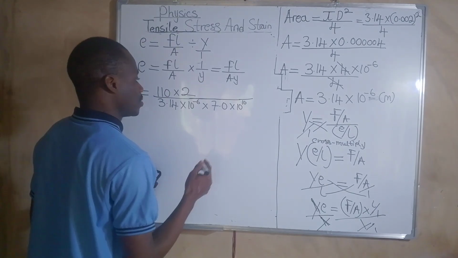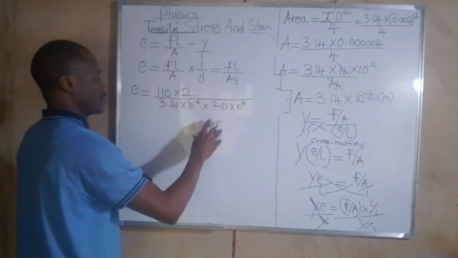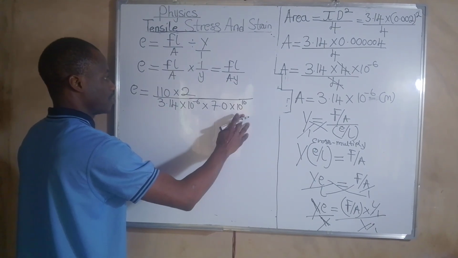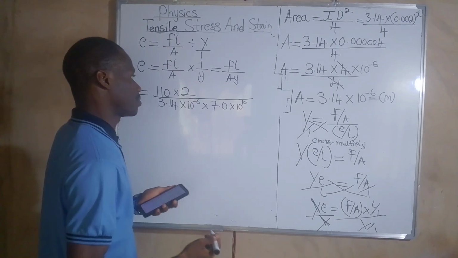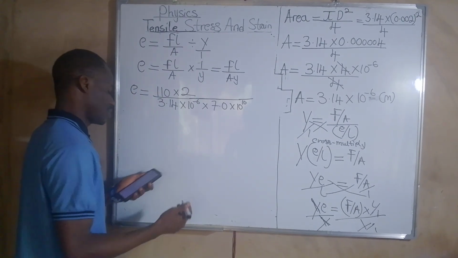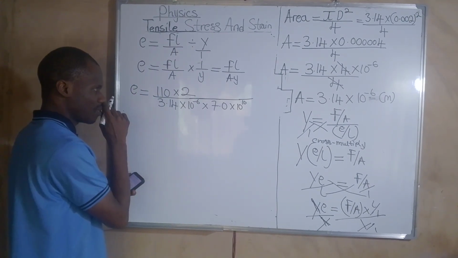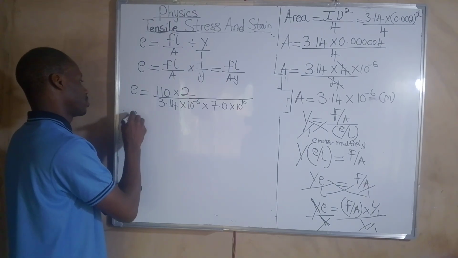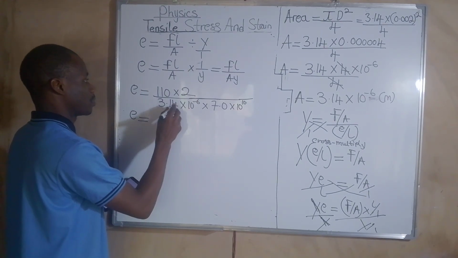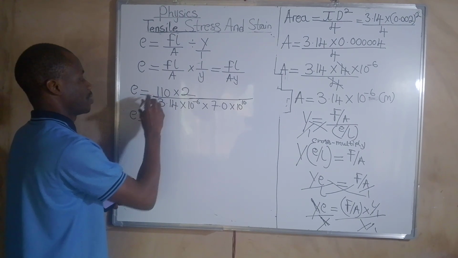Then the question says Young modulus was given as 7.0 times 10 raised to the power 10 Newton meter raised to the power minus 2. So now we are going to perform some things here. I didn't mean performing magic. Please, we are not performing any magic.